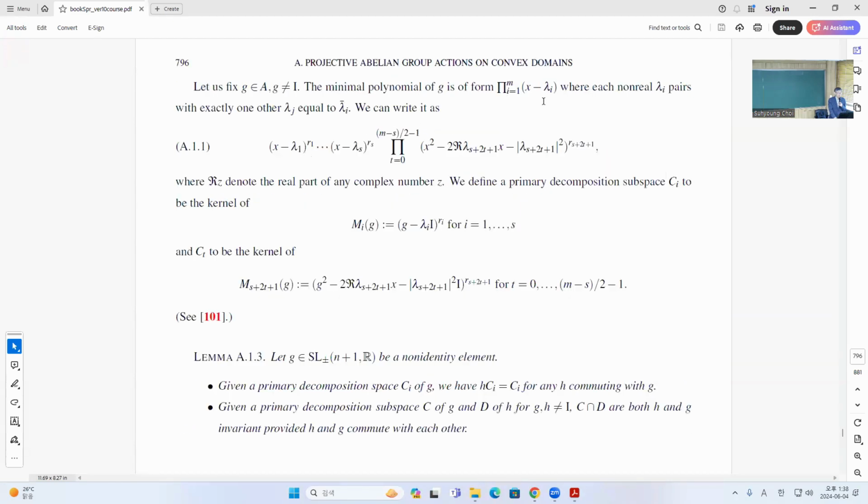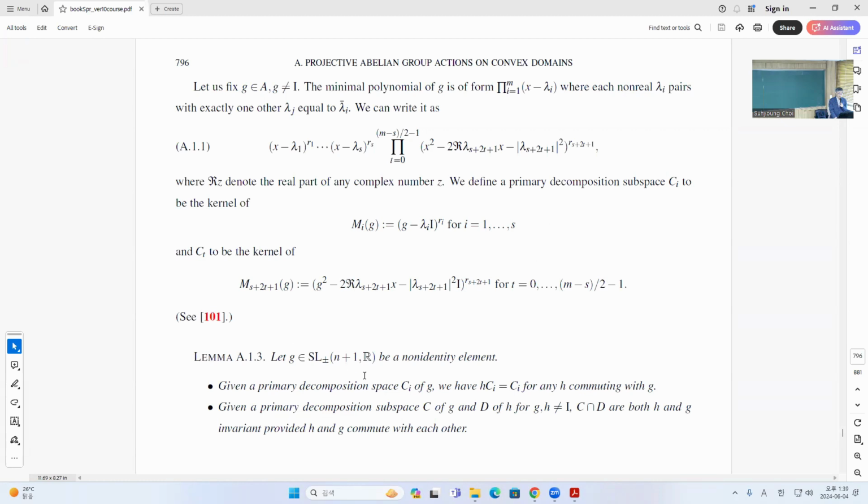That's the idea. Then for any G in A, the minimal polynomial is always like this over the complex. So you can write it in the real form like this. Okay, so this R is the real part. And you can now write the primary decomposition space as this, for lambda I real, and then all this one. Okay, or these polynomials.